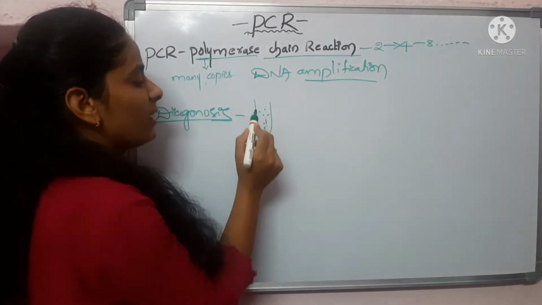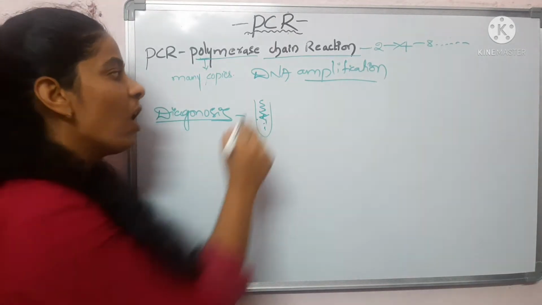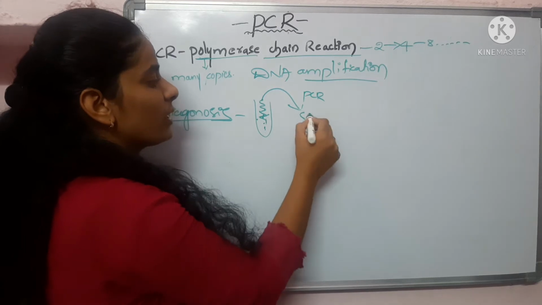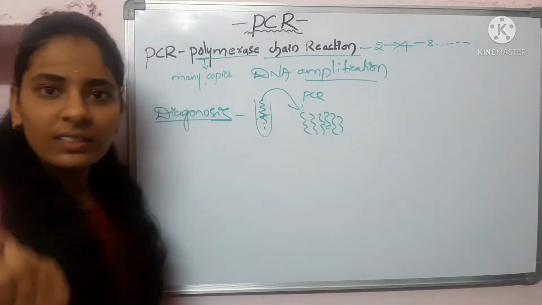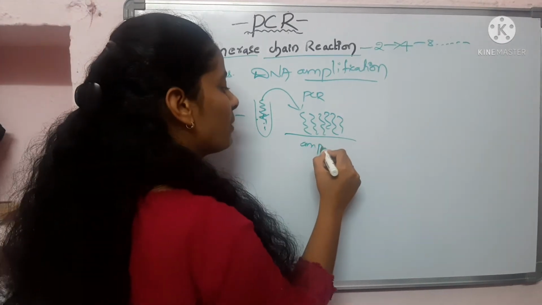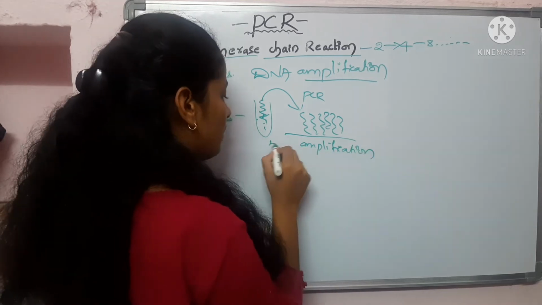The sample is taken. In the sample, only a little amount of DNA will be present. So by performing this PCR technique, multiple copies of DNA are prepared, so that we can detect the disease very easily and efficiently. This is called DNA amplification. Many copies are being prepared.